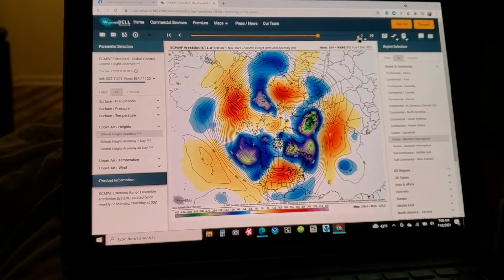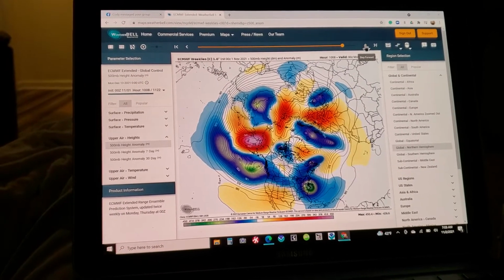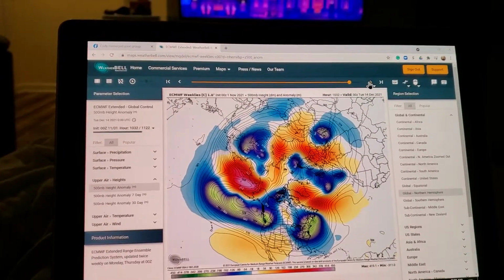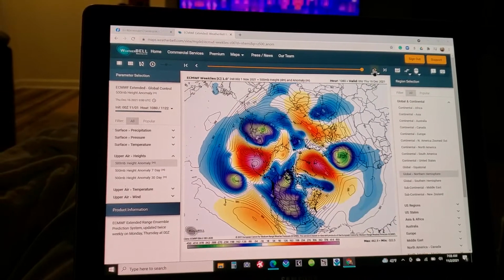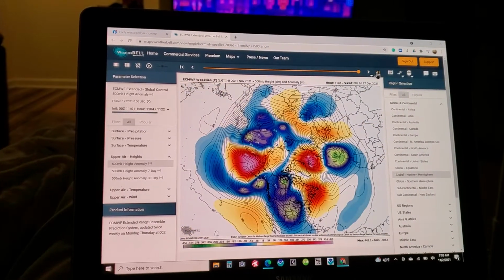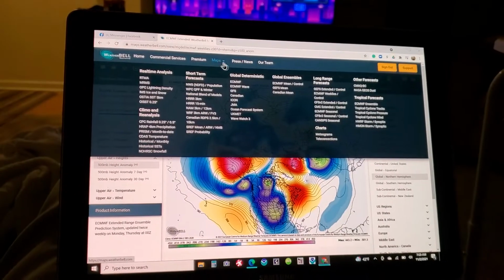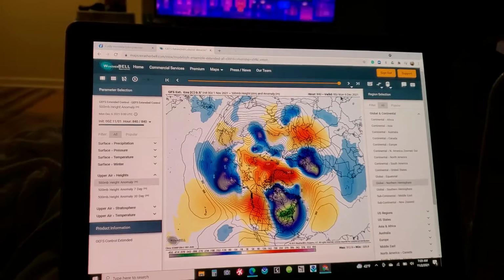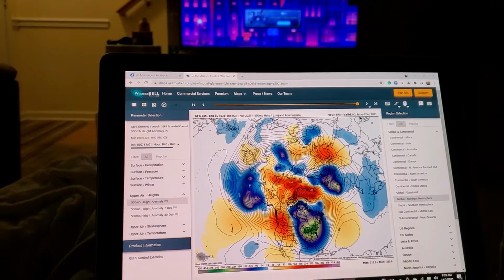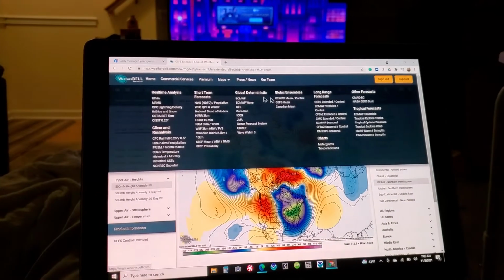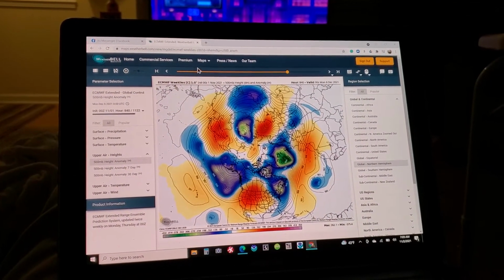Should have put my phone on my tripod. Oh, December 13th. And there's the end of the run. December 17th. Pull back to the GFS extended. This is December 6th. See if it'll pull back. And then here's December 6th on the weeklies.